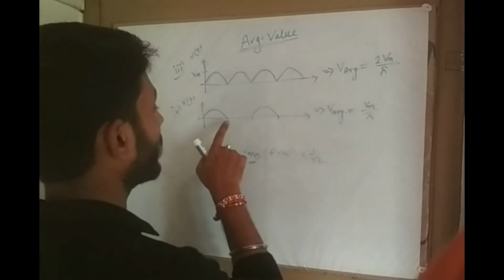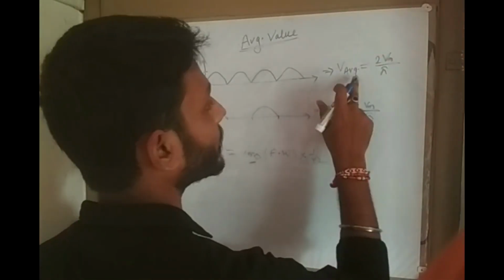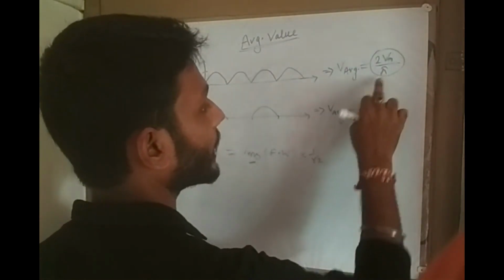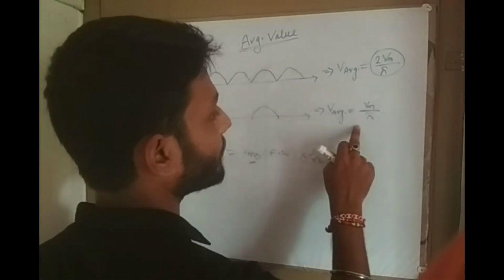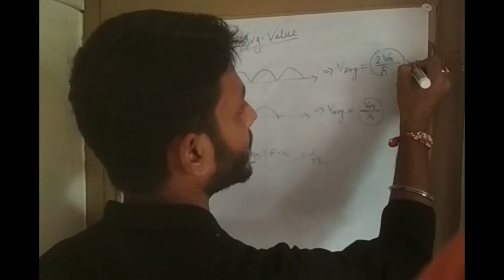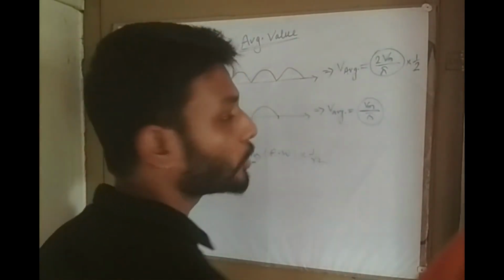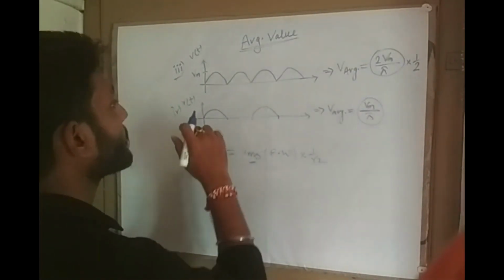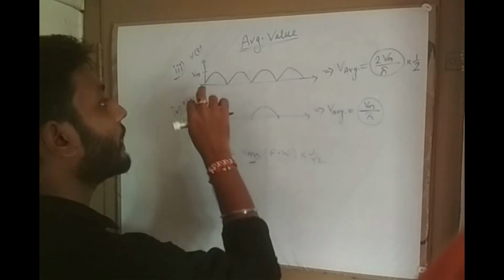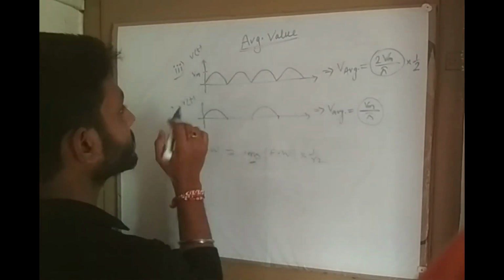Now in case of average value, if the average value for full wave is 2 Vm by pi, for half wave average value is becoming Vm by pi. That means it is multiplying by 1 by 2, because average value is nothing but the area.